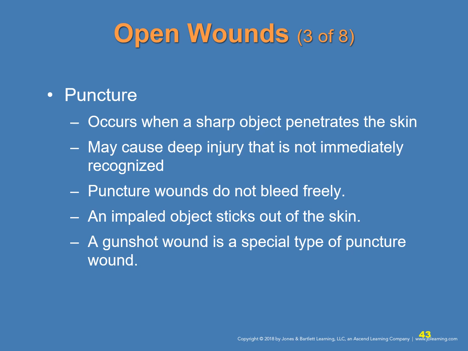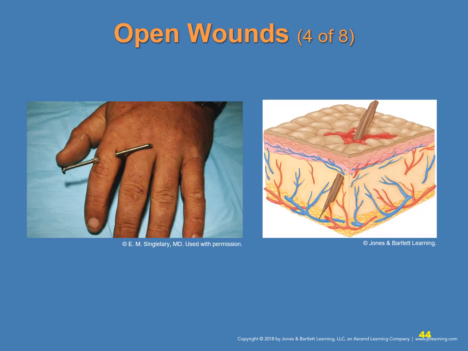The amount of damage depends on the type of gun used and the distance between the gun and the victim. A gunshot entry wound may appear as an insignificant hole, but can do massive damage to internal organs. Gunshot wounds usually have an entrance wound and an exit wound. Puncture wounds may penetrate the skin to any depth.